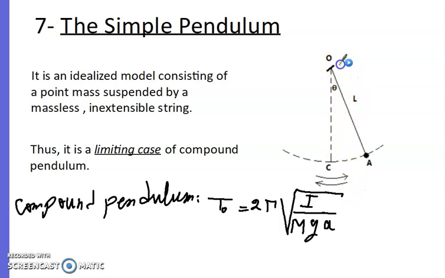Here the axis of oscillation delta is where? At point O, point of suspension.